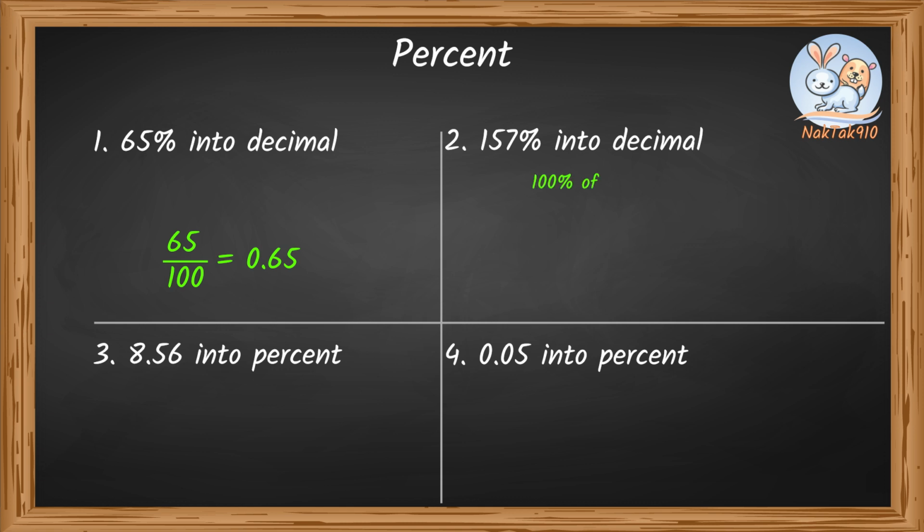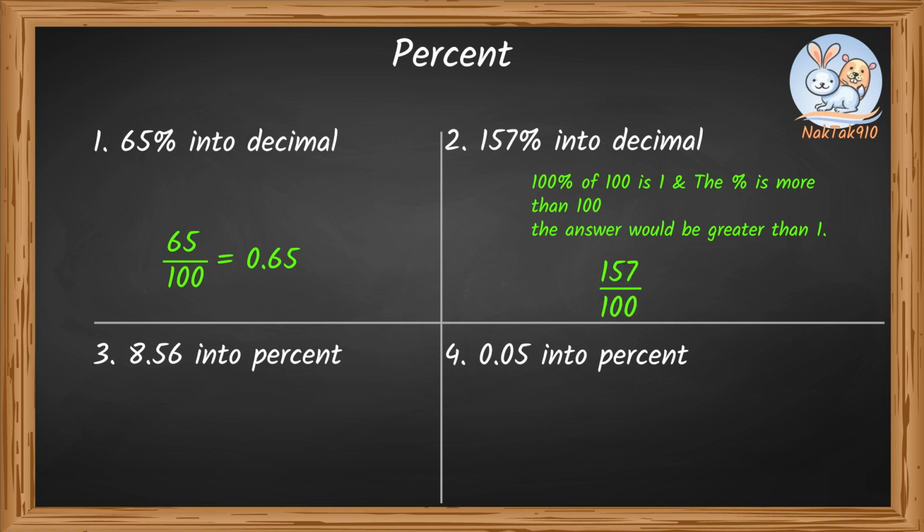We know that 100% of 100 is 1, and since the percent is more than 100, the answer should be greater than 1. 157% will be 157 by 100, which is equal to 1.57. 3. 8.56 times 100% equals 856%. 4. 0.05 times 100% equals 5%.